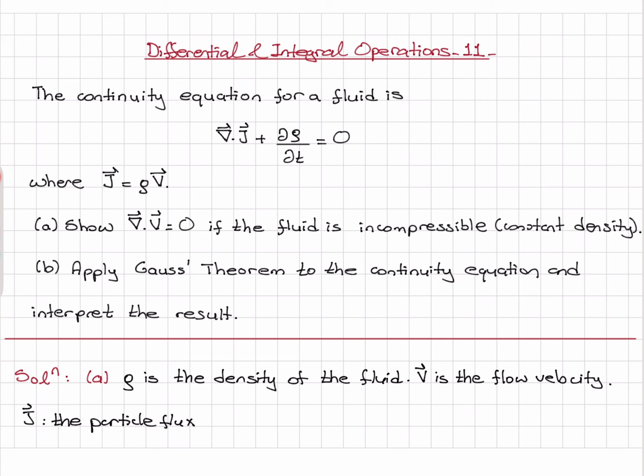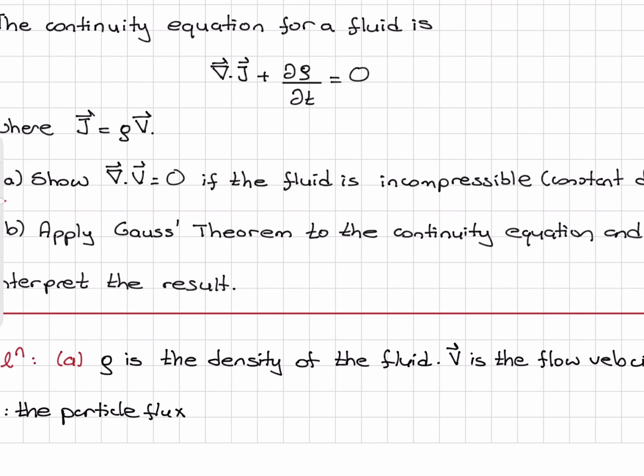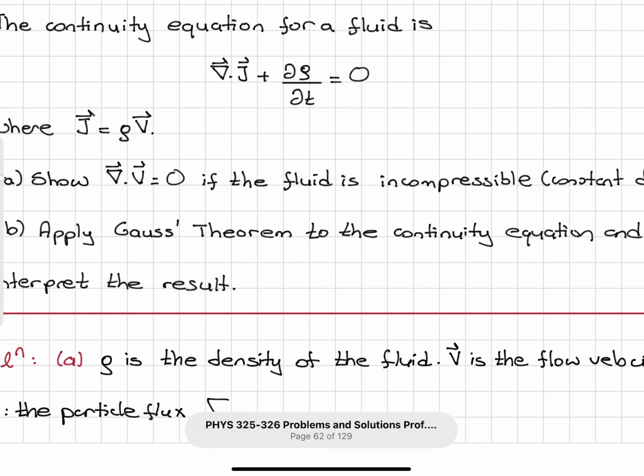Now this rho is the density of the fluid and V is the flow velocity in this equation, and J is the particle flux in the continuity equation, and we are given that divergence of J, the particle flux, plus del rho del T is equal to 0.